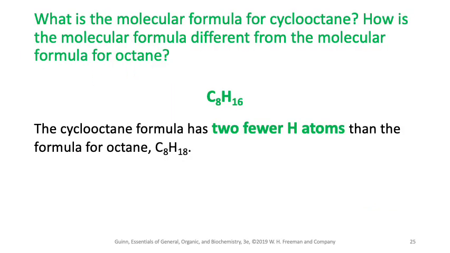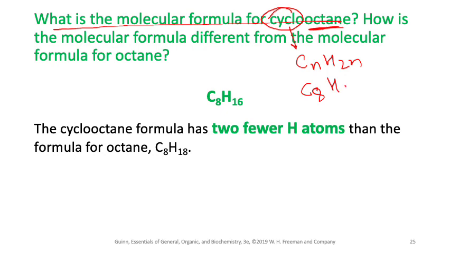So let's try to do this problem over here. What is the molecular formula for cyclooctane? The time I see a cyclo written over here, I know the formula that we're going to use is CnH2n. Oct means 8 carbon atoms. How many hydrogen? 2 times 8, 16. C8H16. How is that different from the molecular formula of just octane?